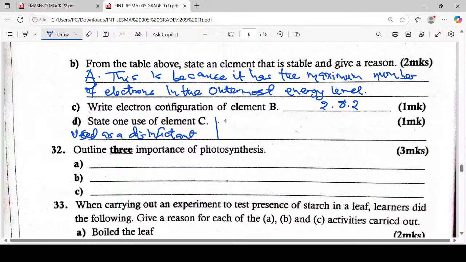So we can also say used as a bleaching agent.